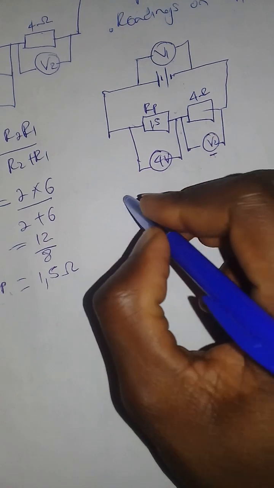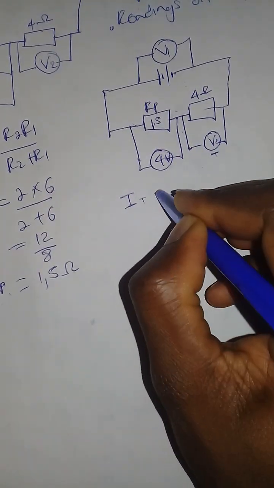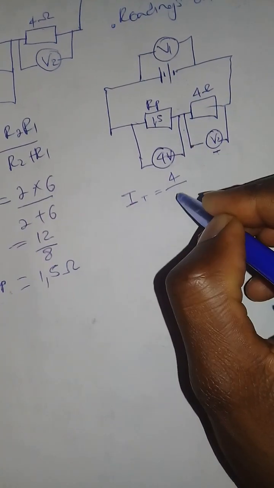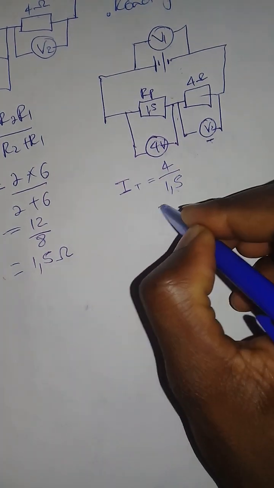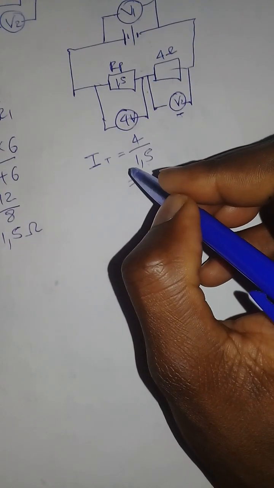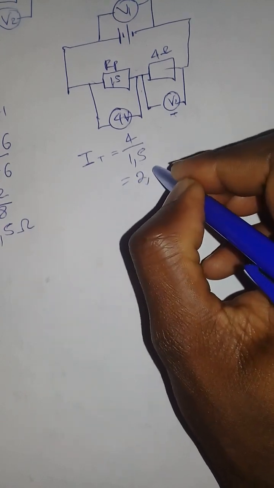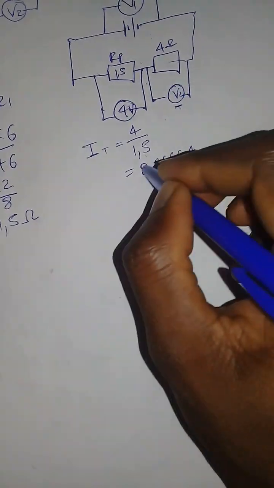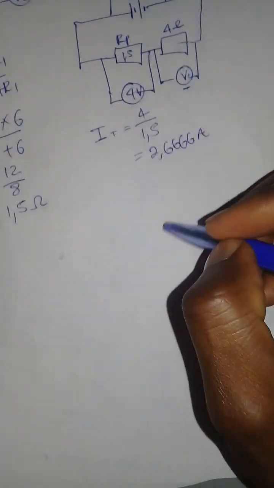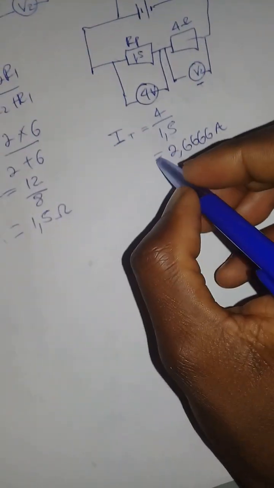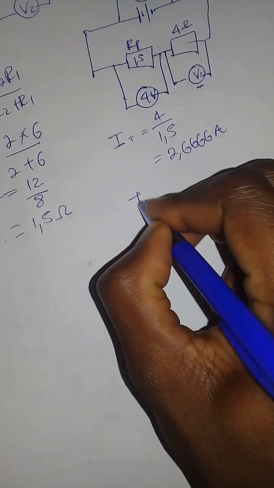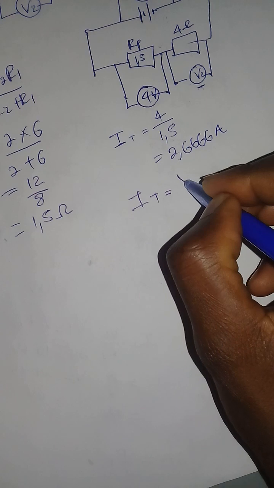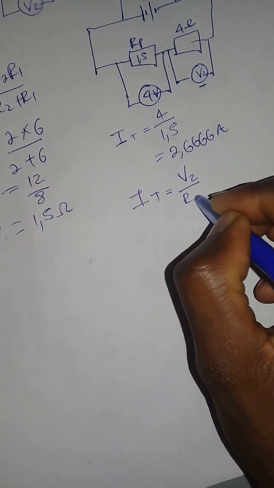So now let's use this. I total is equal to 4 volts divided by your RP, which was 1.5. So 4 divided by 1.5 gives you 2.6666 amperes. I'm not rounding this, I'm just going to write it as it is so that it does not affect my final answer. Now from this I can find the voltage. I total is equal to the voltage V2 divided by my R2.